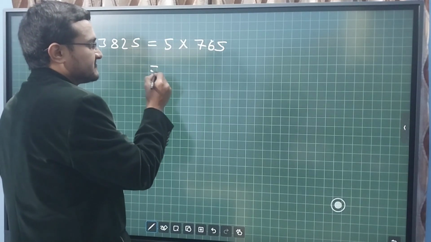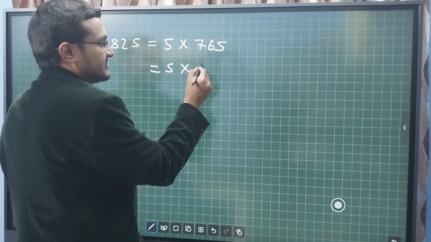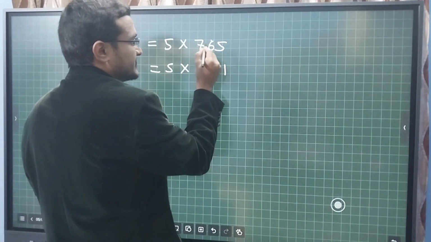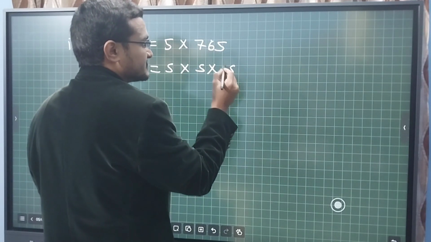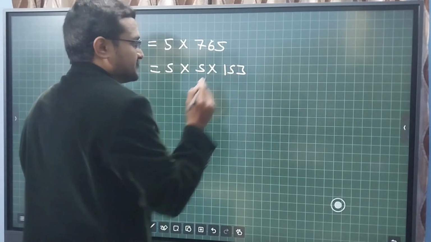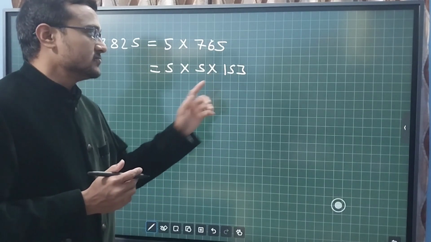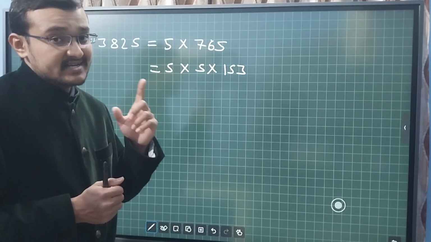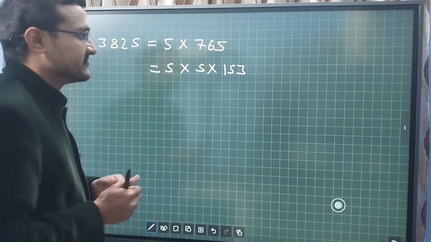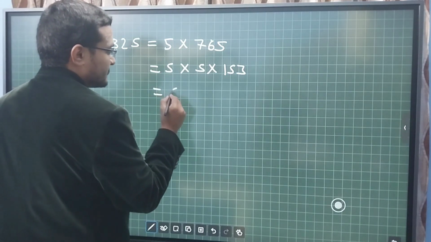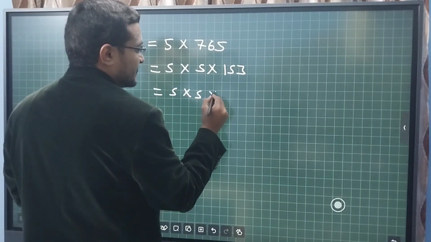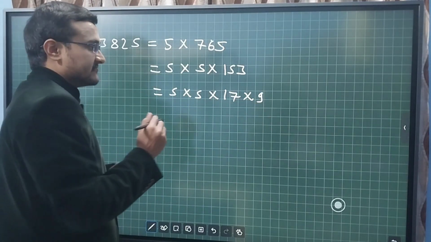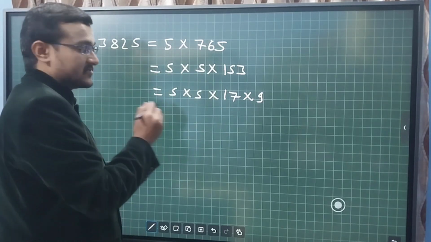Now this 765 also you can write as 5 into 153. 5 ones are 5, 2 remaining; 5 5s are 25, 1 remaining, 3. So now you have 5 into 5 into 153. 17 into 9 will give you 153. So 5 into 5 into 17 into 9 will give you 3825.